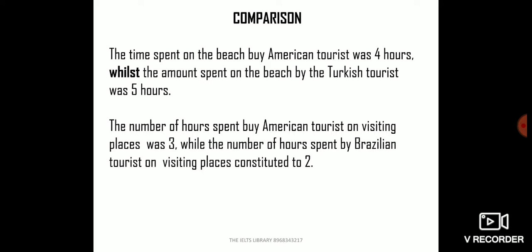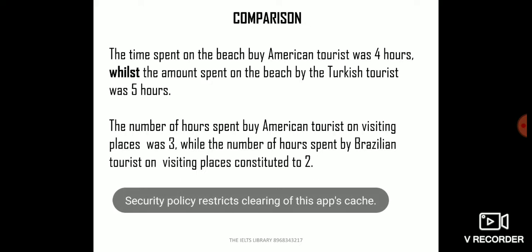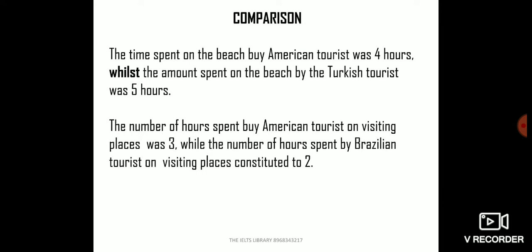Again, the second sentence says the number of hours spent by American tourists on visiting places was 3, while the number of hours spent by Brazilian tourists on visiting places constituted 2. So now I have again justified my point. I've taught you how to write main features and how to write comparison, right? I hope it is clear.